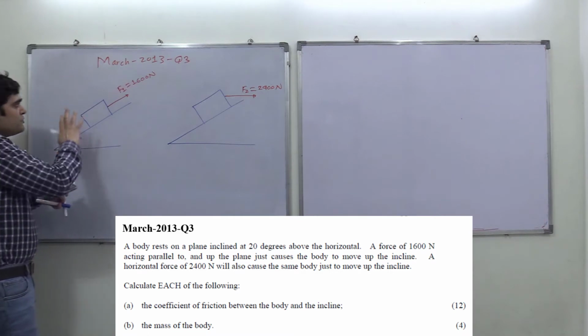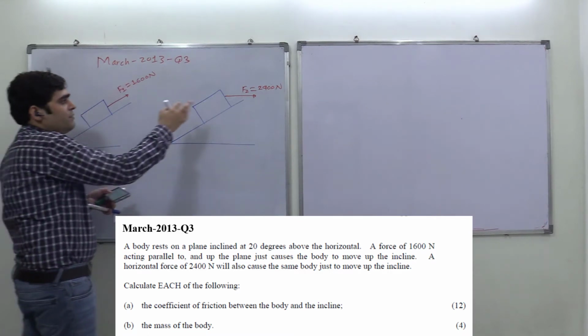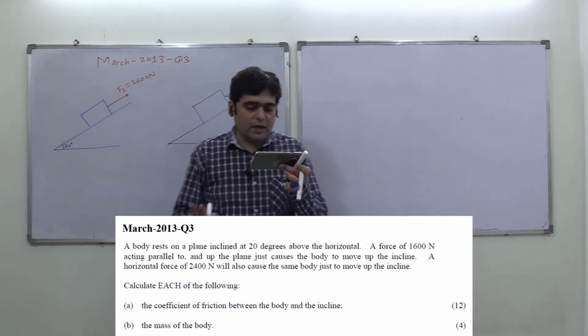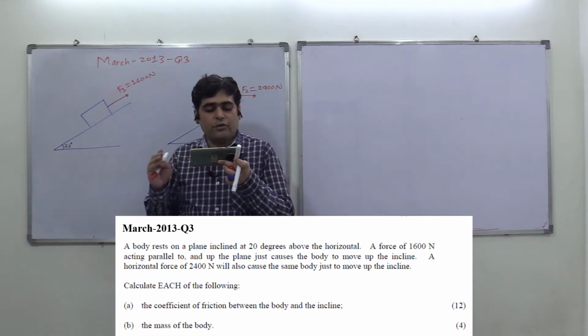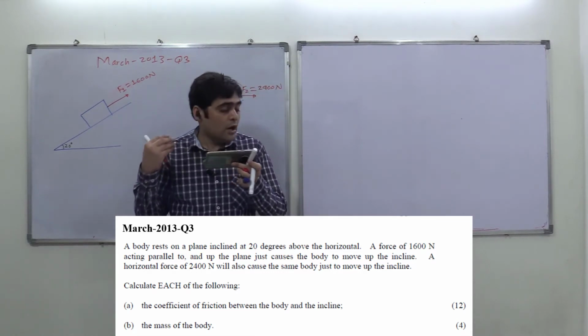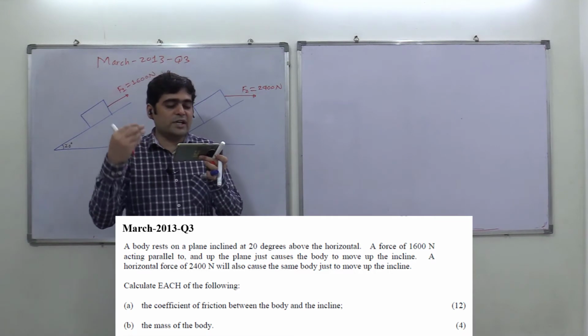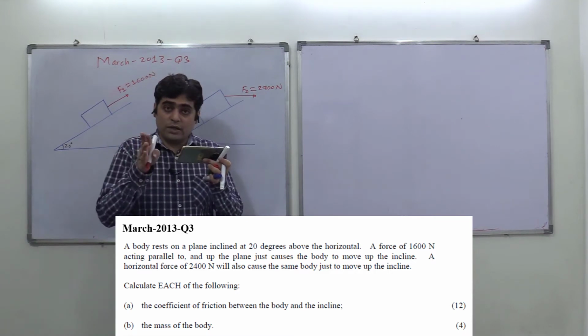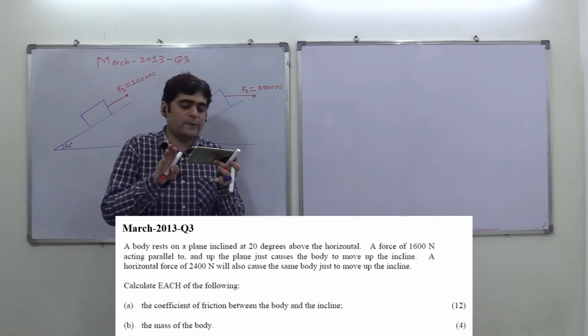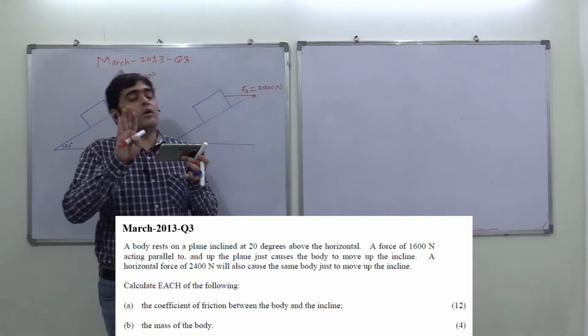Whatever the effect of F1, the same effect will be created by F2. A horizontal force of 2400 Newton will also cause the same body just to move up the plane.